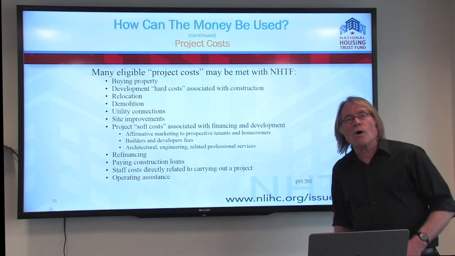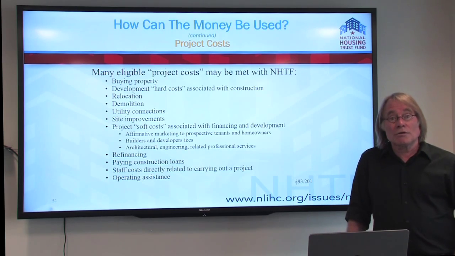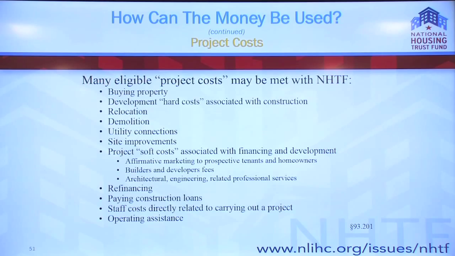The regulations go on for quite a bit about eligible project costs, and here you can see a list of some of the key features. You can use trust fund money for projects to buy property, and for development hard costs related to construction. You can use it for relocation, demolition, utility connections, site improvements, and various project soft costs, for example, architectural, engineering, and other related professional services, affirmative marketing activities, and the ever-popular builders and developers fee.